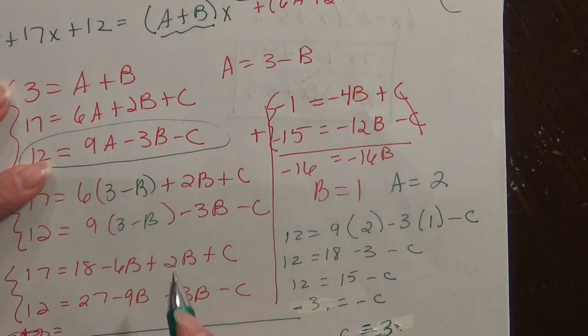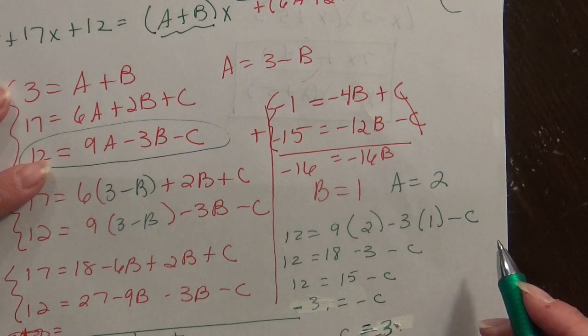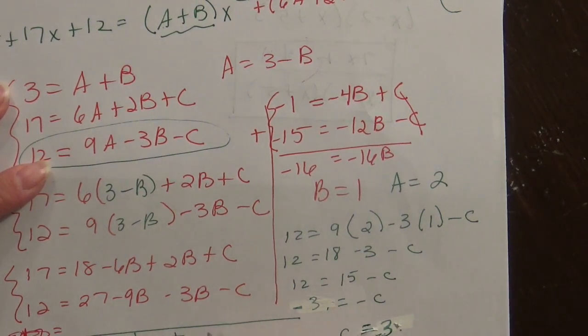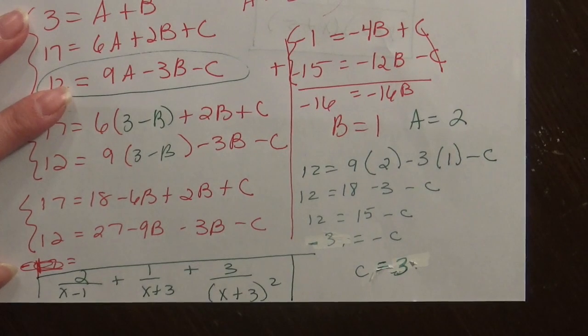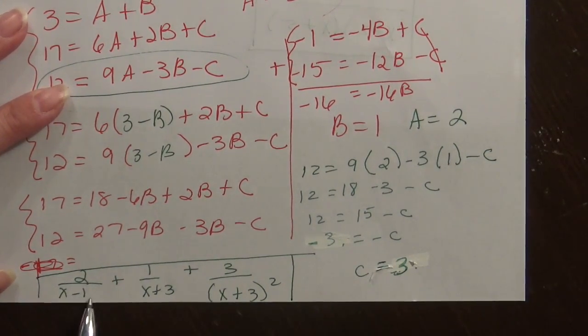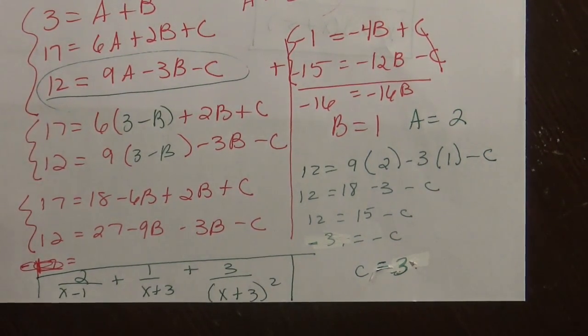Then it should be plus b over x plus 3. b is 1, so I've got 1 over x plus 3 plus c over x plus 3 quantity squared. My c is 3, so 3 over x plus 3 quantity squared is my answer. There. So my answer was 2 over x minus 1 plus 1 over x plus 3 plus 3 over x plus 3 quantity squared. This is as far as I'm going for now.